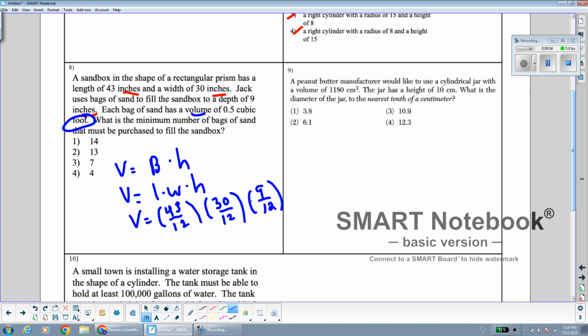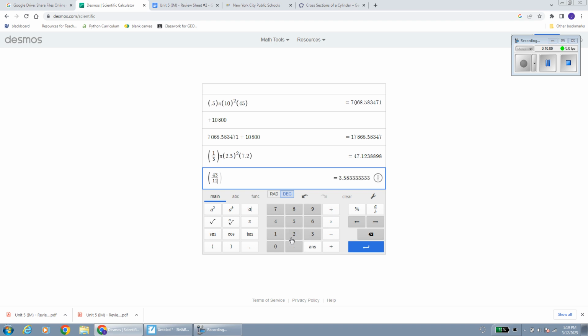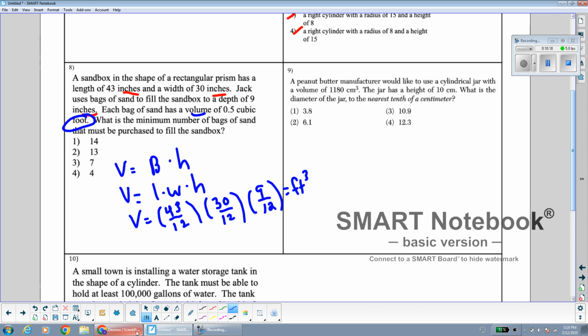And this is now converted to feet. So when I multiply them all together, this will be in cubic feet. So I'm going to do that right now. If you already found the volume in cubic inches, then you would just have to divide by 12 cubed. I just prefer to do it this way.